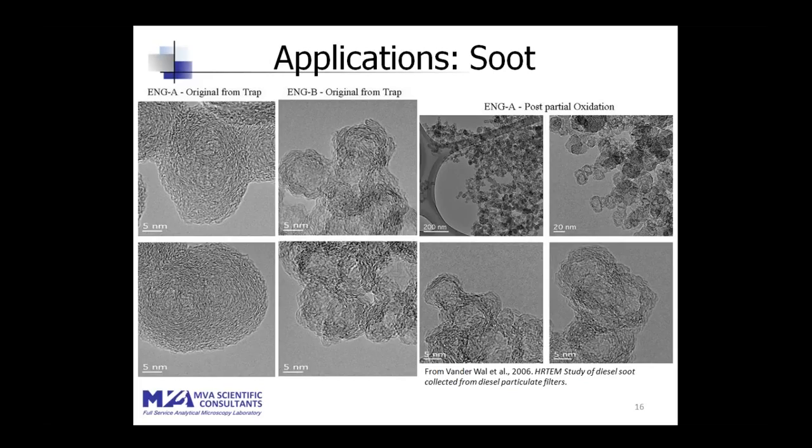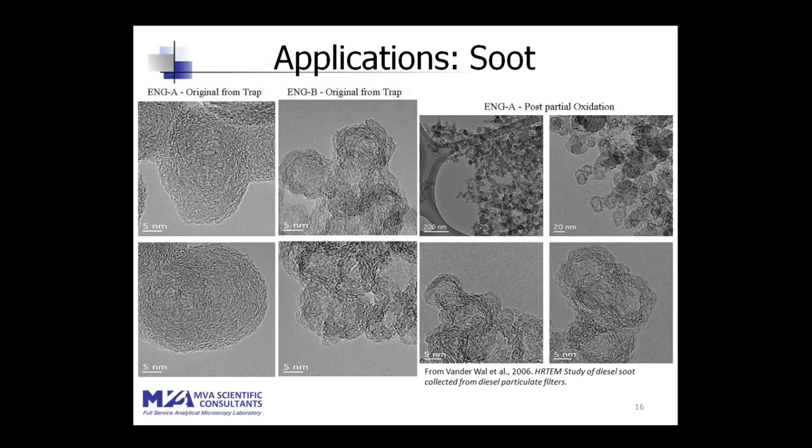You can see that there's a space in the middle of those grape-like structures of soot. Also the outer shell appears to be a little bit more well-defined. The lamellae, the lines that make up the outer shell, are a little bit more defined than the ones in engine A, and they theorized that's because of oxidation and graphitization of these soot particles, and therefore there's a lattice that can actually be visualized via the HRTEM.